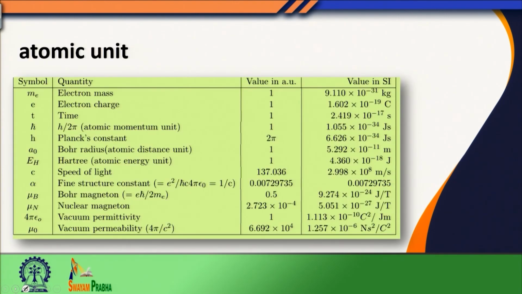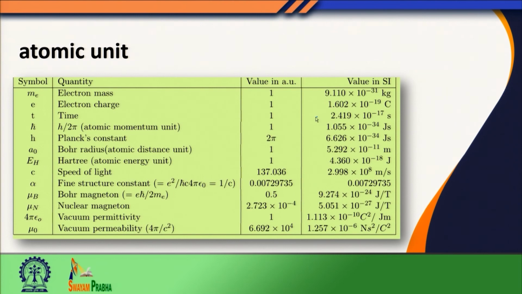Just to give you a brief idea about the atomic units, we have defined atomic units by defining the mass as the electron mass, which is taken as 1, the charge as the electron charge, and the length unit. So, we have to define mass, length and time. The length unit is given by the Bohr radius, which is 0.529 angstrom. We keep that as 1 atomic unit. The unit of time is 0.24 attosecond.